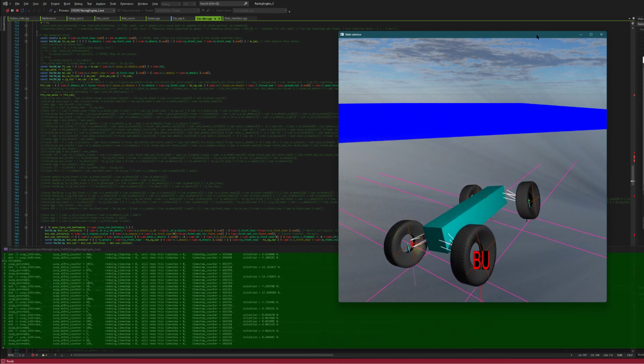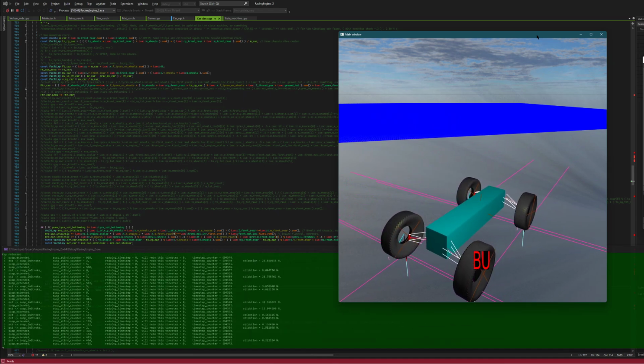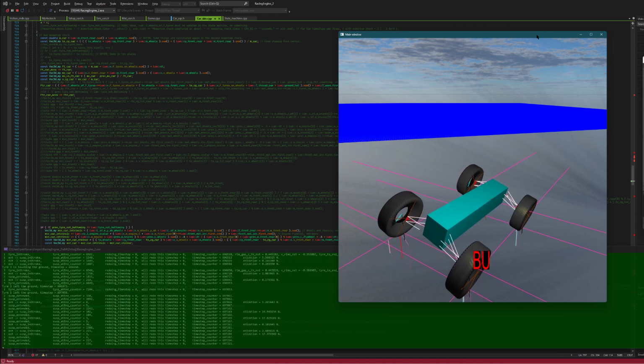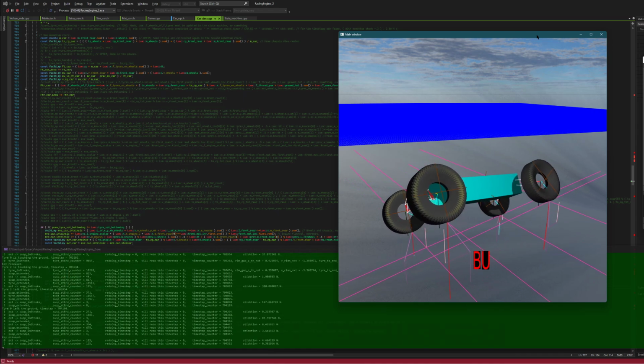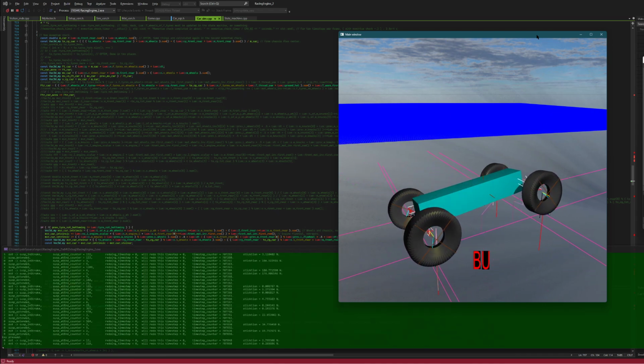You can't see the ground here, but it's still ground, so you can see the car hitting the ground, even though I'm not in the actually rendered ground.